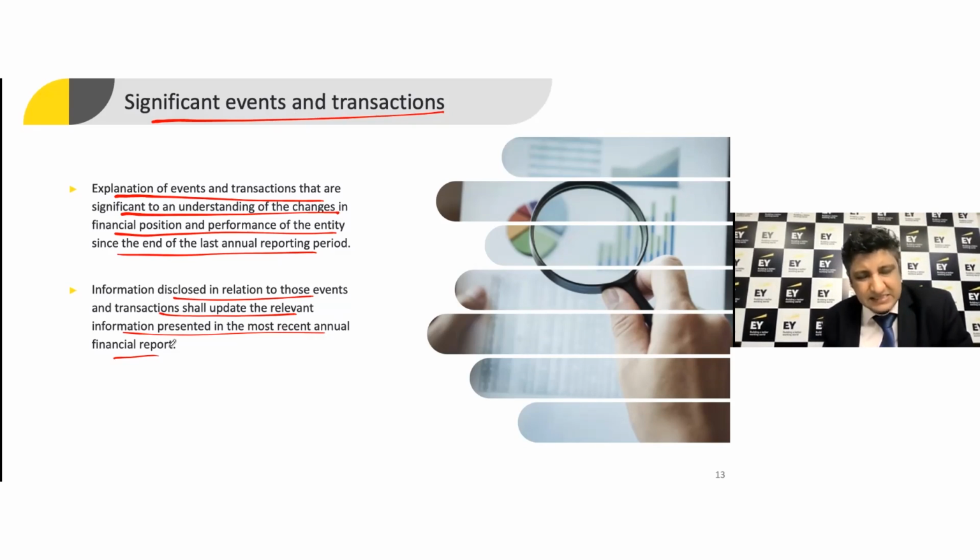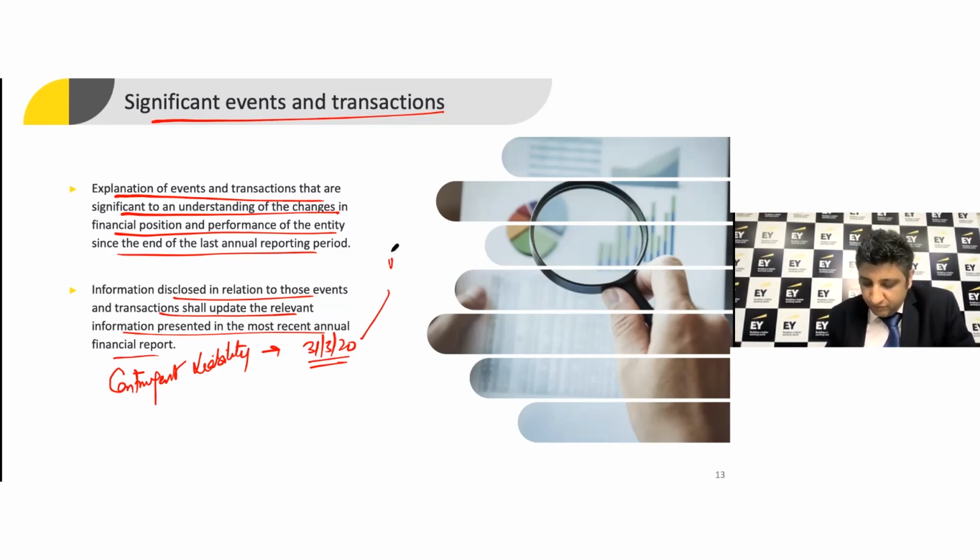The easiest example you could think of is a contingent liability, let's say sitting on 31st of March 20. Of course, you would be disclosing that. There could be a court case, as an example of a contingent liability. You know that there is no present obligation, so you continue to disclose everything about it.